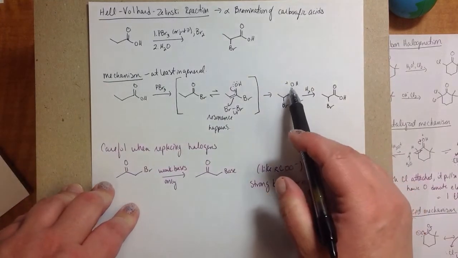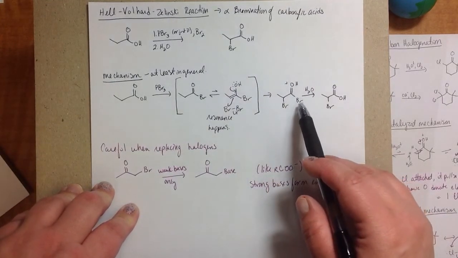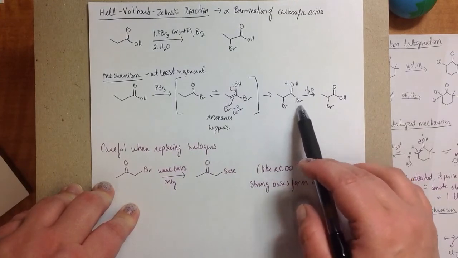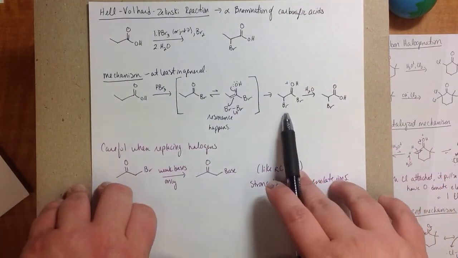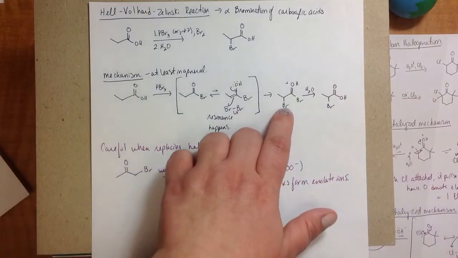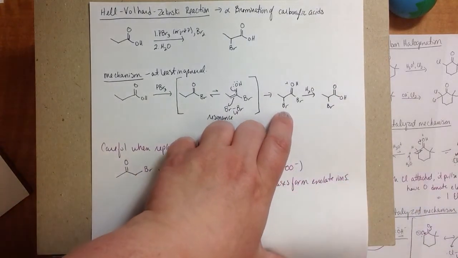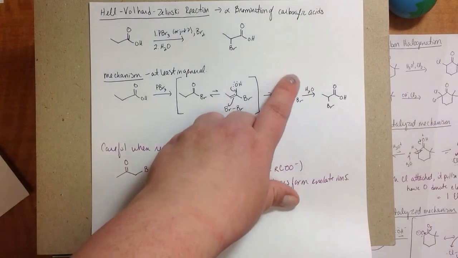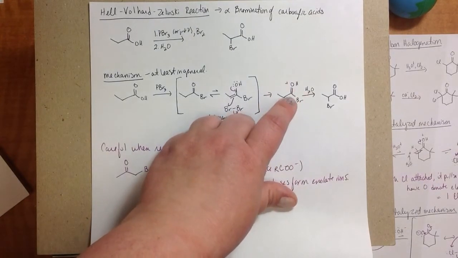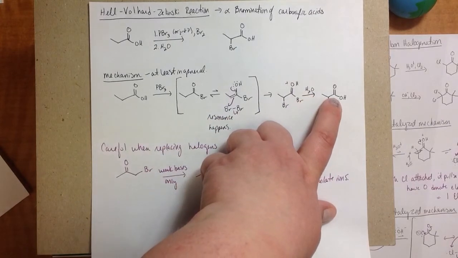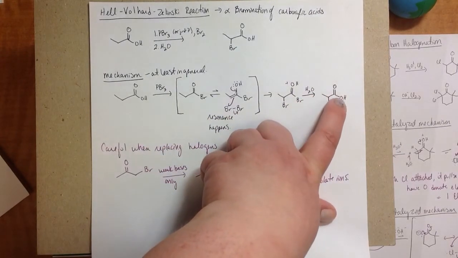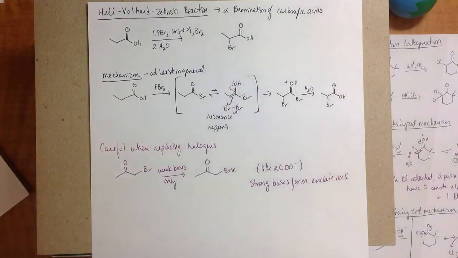Well, as these electrons then come down, this bromine gets replaced by that water. Why doesn't this one get replaced by that water? Remember how we talked about carboxylic acid derivatives, right? Well, instead of this being an acyl chloride, this is an acyl bromide. An acyl bromide with water around, bam, that guy's going to come in and replace that, right? Okay, so that's exactly what's going to go on there.